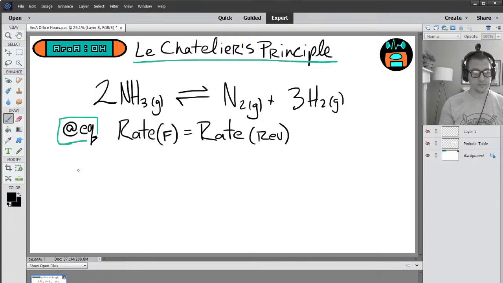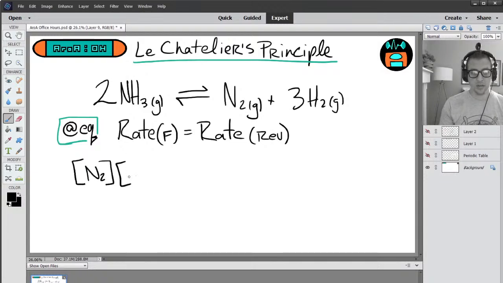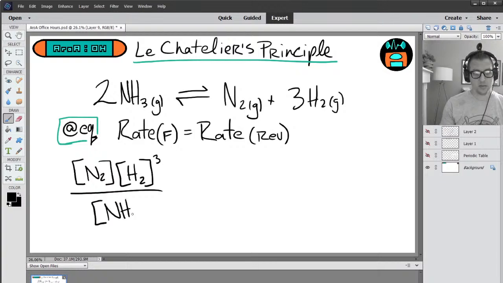In other words, if you look at the expression of the equilibrium constant, after adding NH3, this is temporarily too large.